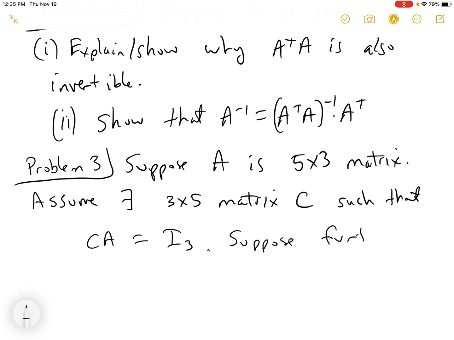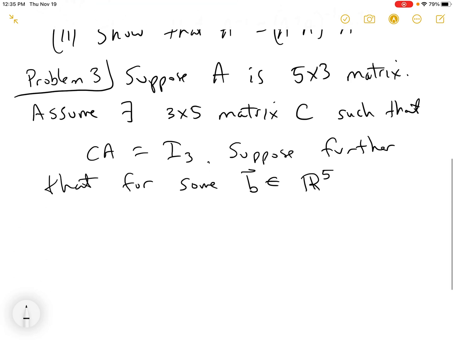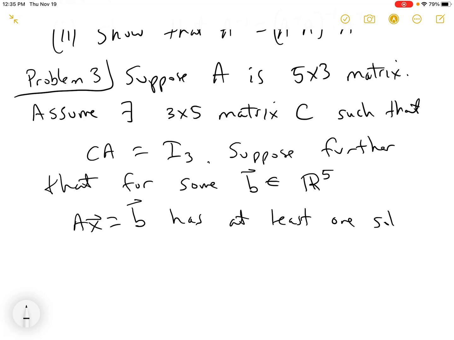Suppose further that for some vector b in R5, Ax equals b has at least one solution, right? So this is all suppositions here.